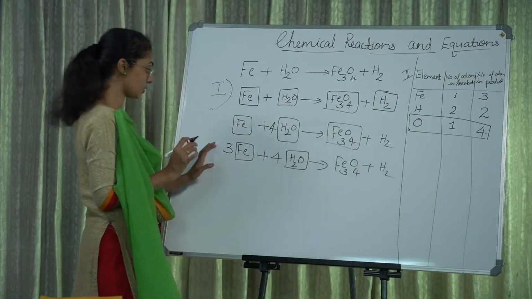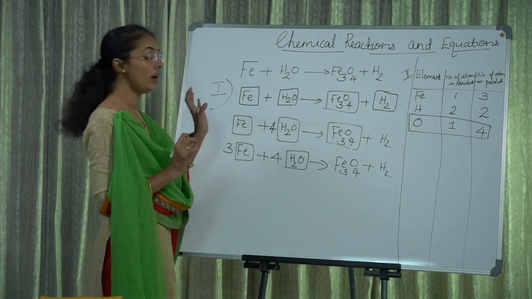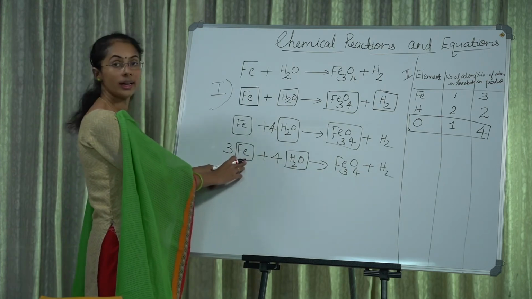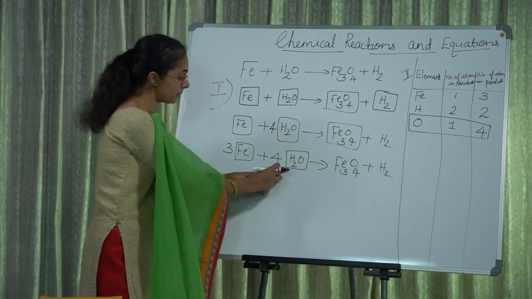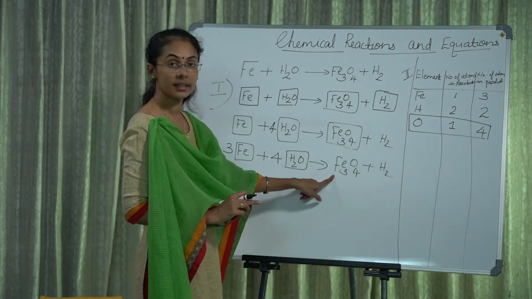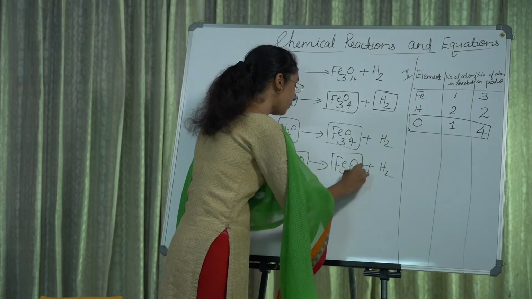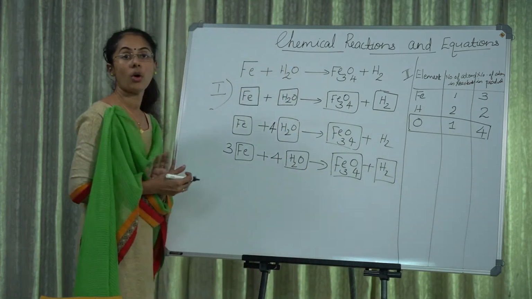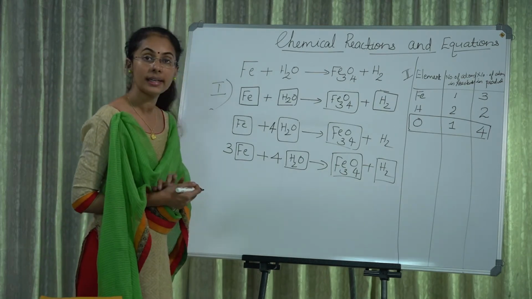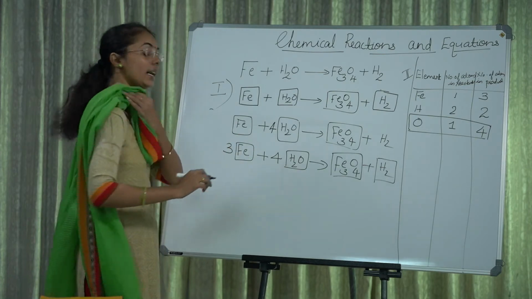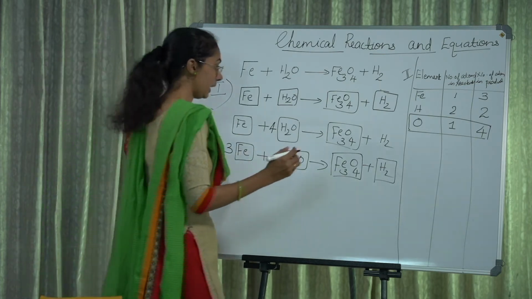Fe3O4 plus H2. Just to check the number of atoms on both sides. Number of atoms of Fe is 3, number of atoms of O is 4, and on the product side Fe is 3 and the number of oxygen atoms is 4. Then next step, you again write the number of atoms. Okay.